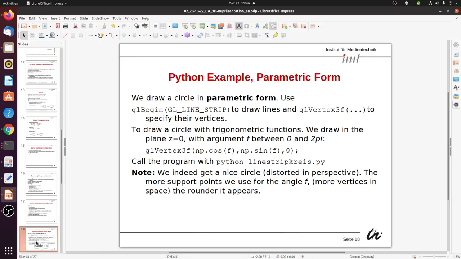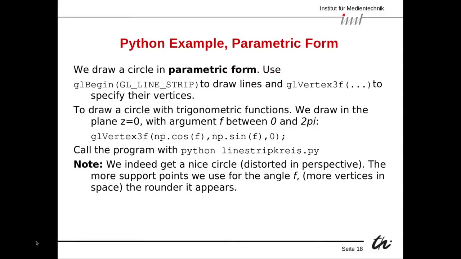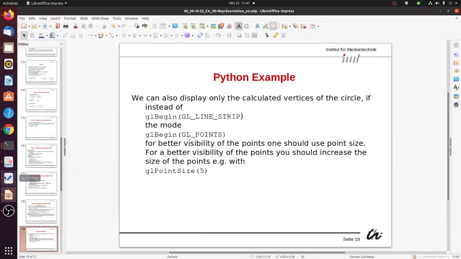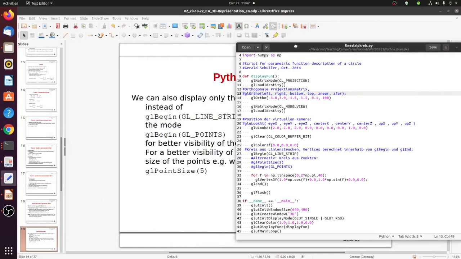Yeah, so going back to the slides. We can also display only the calculated vertices of the circle without the connecting edges by using GL points, right? So now I can go back to my editor.